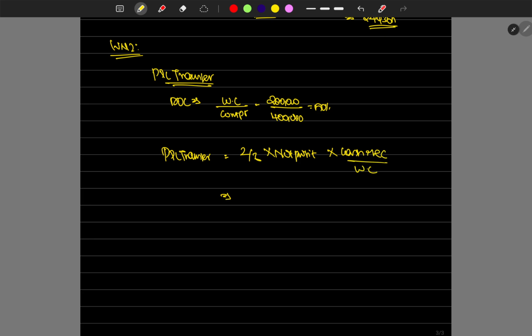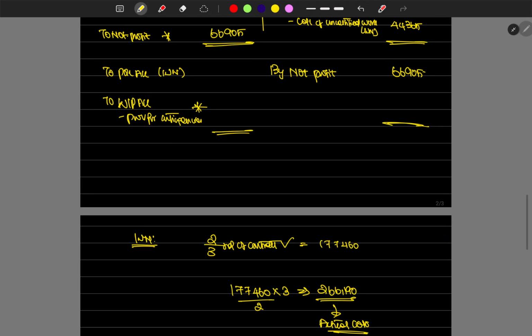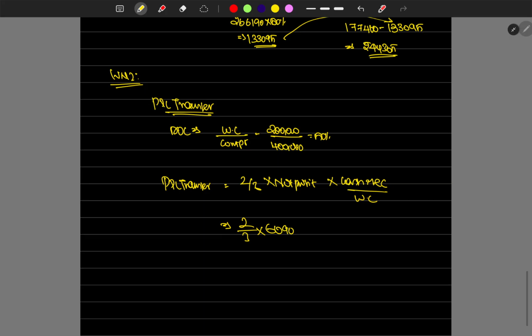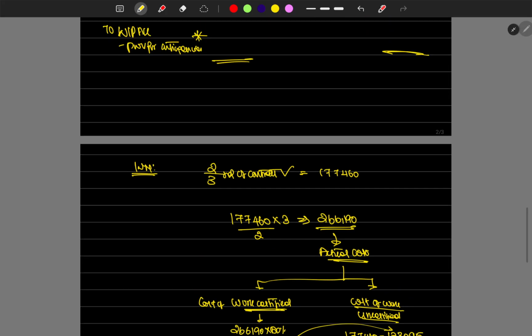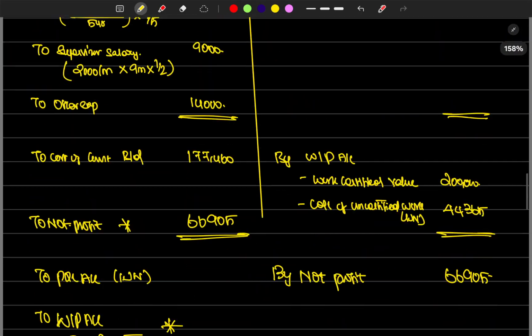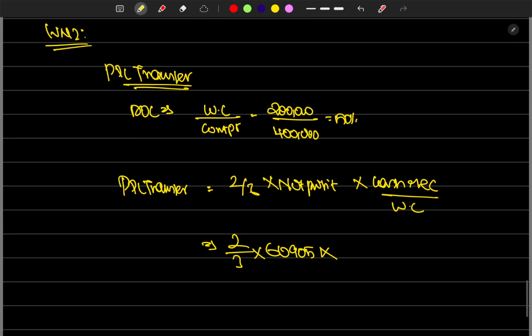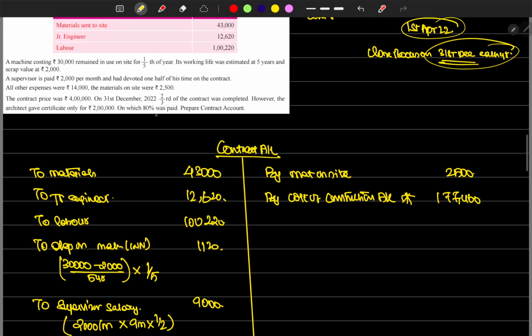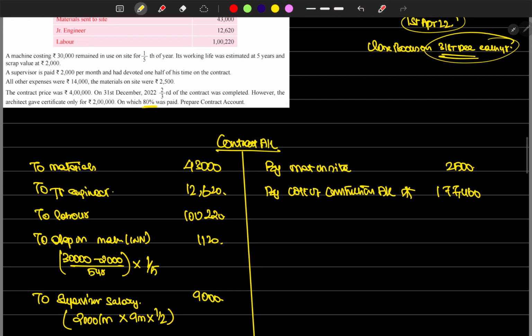So for work certified, how much was the cash received amount? Okay, so two-third into notional profit. Notional profit is 66,905, into cash received. What's the cash received? Just 2 lakh divided by 80% cash paid.